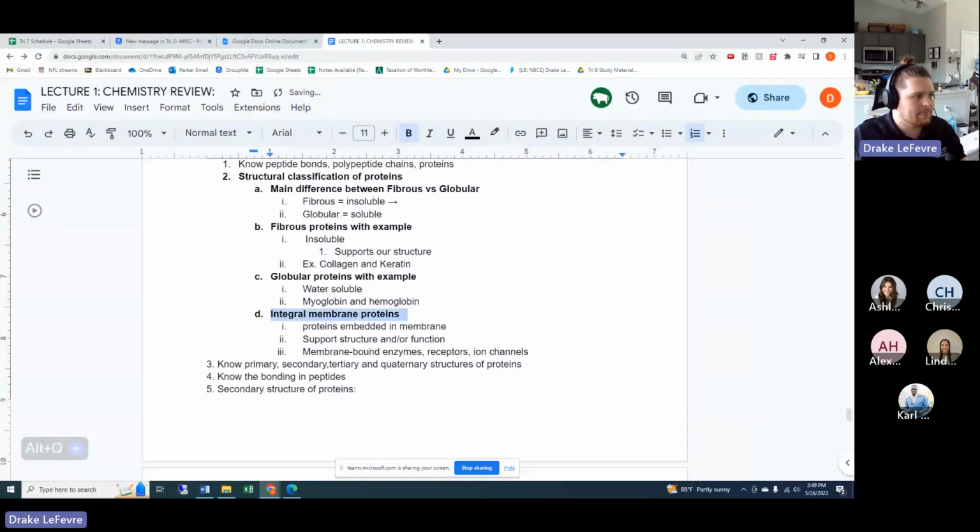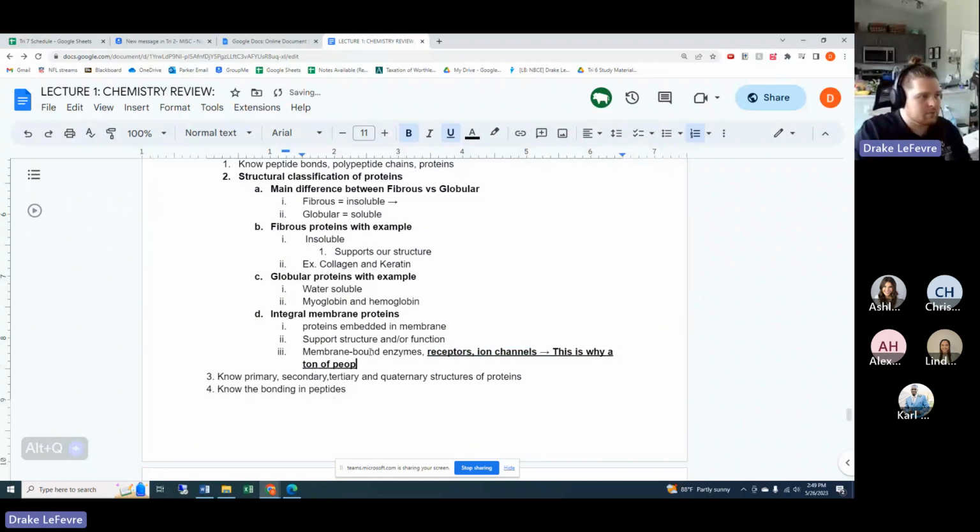This right here, integral proteins, receptors and ion channels, this is why a ton of people fail physiology. Okay, I'm gonna say it right now. A ton of people cheat their way through this class, and because they do not understand receptors and ion channels, they fail physiology next try. Okay. Do not skip out on understanding this stuff.